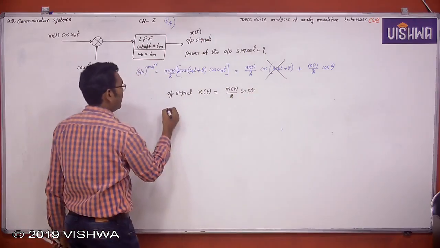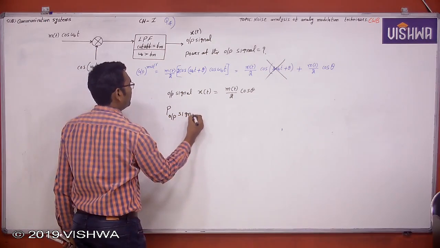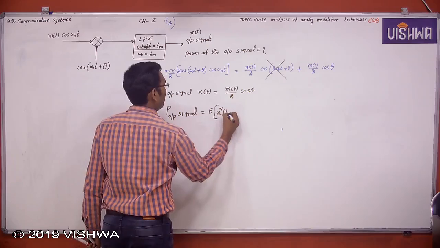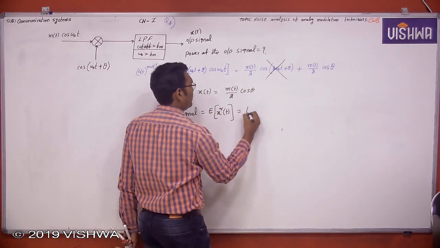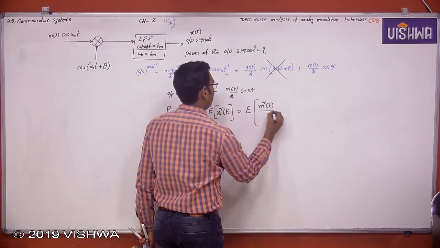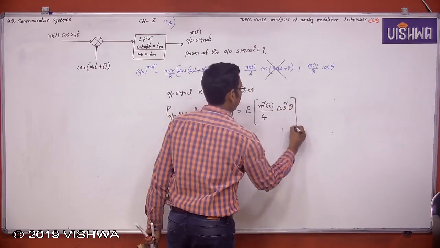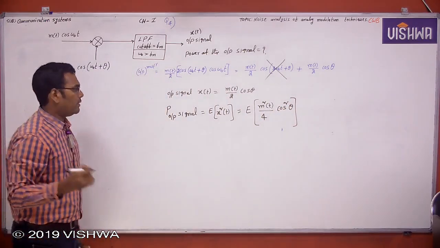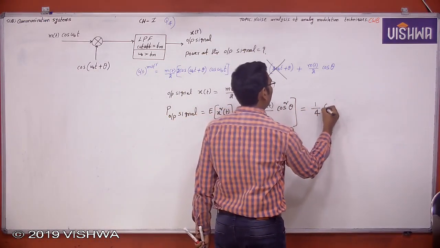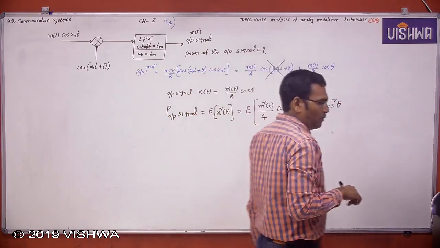Then I want the power of the output signal. The power of the output signal is nothing but the expectation of x square of t, which is the expectation of m square of t by 4 into cos square theta. See here, 1 by 4 into cos square theta, and the question already mentions the power of the message signal.